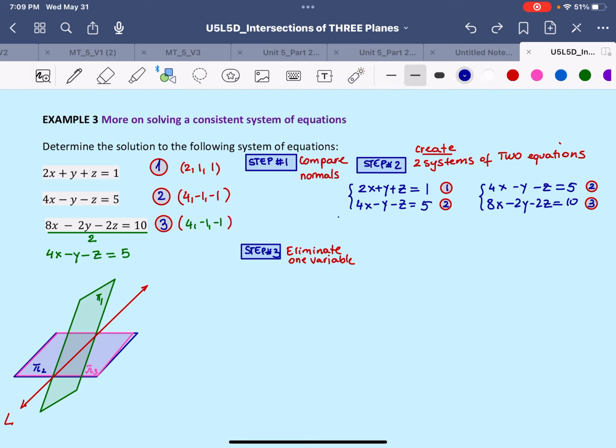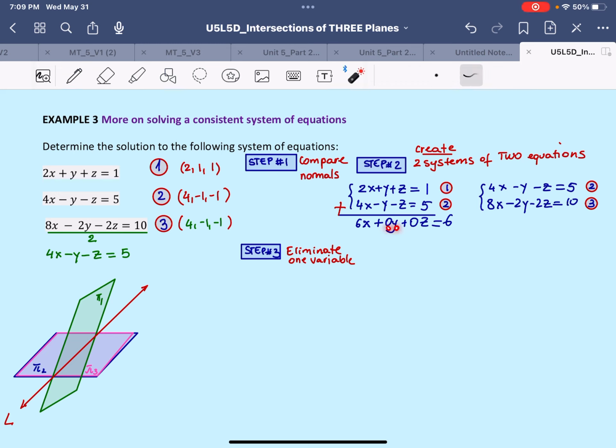I would be able to do this by simply adding the two equations together, because the y terms have opposite coefficients: same value, opposite signs. That will give us 2x plus 4x, 6x. 1y plus negative y is 0y. z plus negative z is 0z, equals 5 plus 1 equals 6.